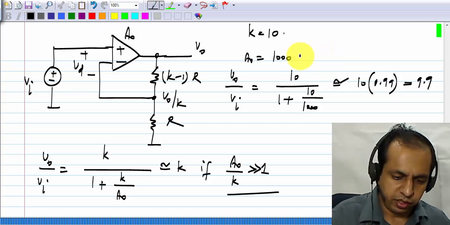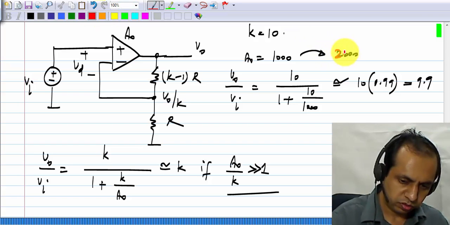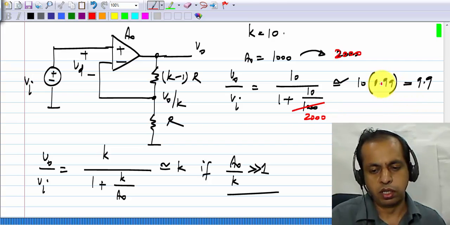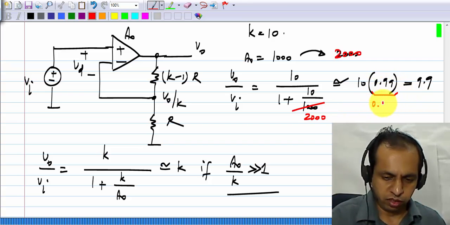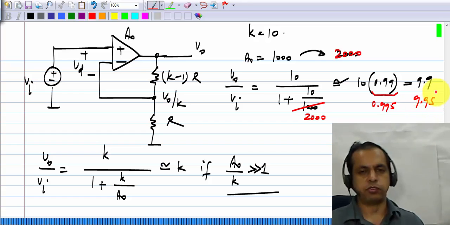And let's say A naught changes to 2000. What happens then? Instead of this 1000 here, you have 2000, and instead of this 0.99, you will get 0.995. So the gain becomes 9.95.